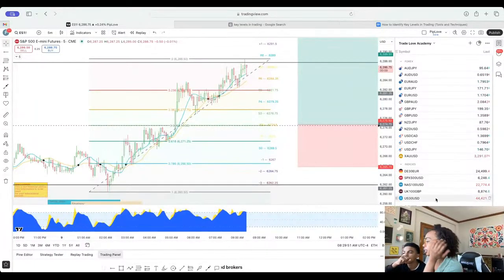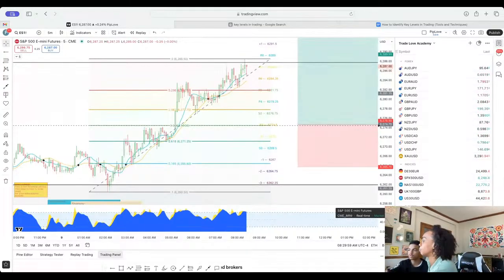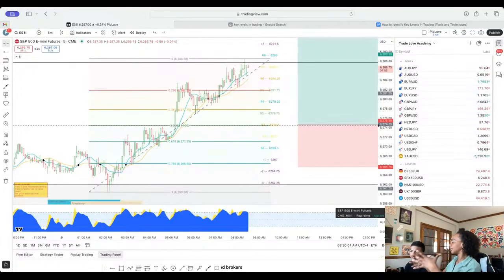So these are indices here. So yes, we're trading S&P 500 right now. S&P 500 is worth $6,287. That's that index that I was talking about. It's a stock, basically, that compiles all the 500. That's NASDAQ. So is that dollars?